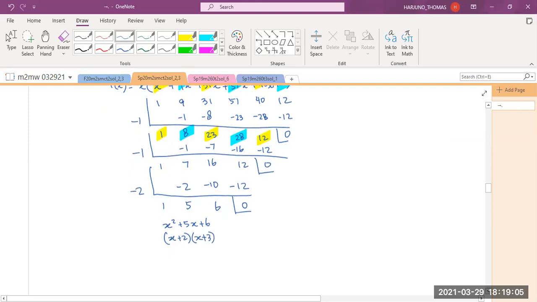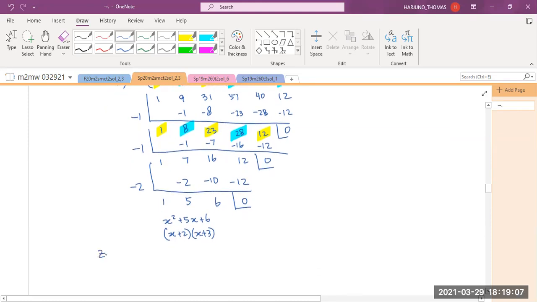So the zeros are x equals -1 with multiplicity of 2, and then x equals -2 with multiplicity of 2 again.